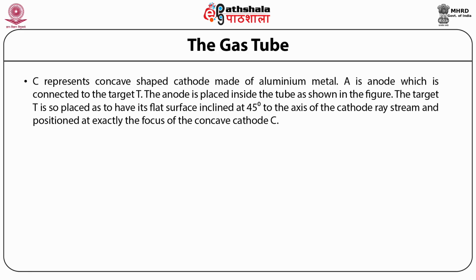The target T is so placed as to have its flight surface inclined at 45 degrees to the axis of the cathode ray stream and positioned at exactly the focus of the concave cathode C. The target T is made of metal having a high melting point like tungsten, molybdenum, and platinum.